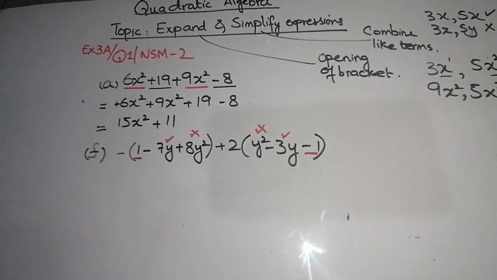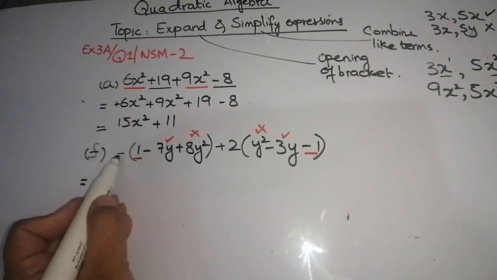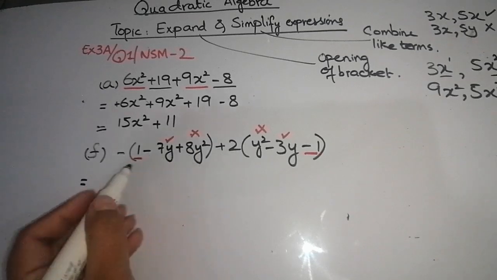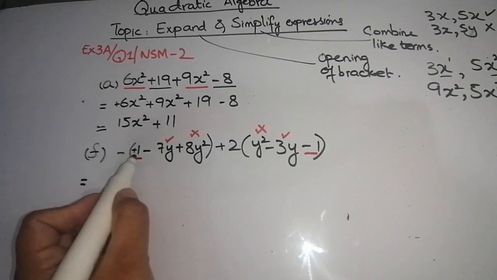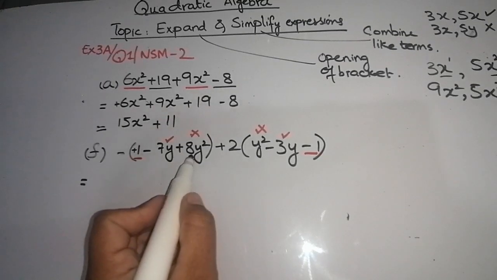So in total we will have 6 terms after expanding, obviously, because there are two brackets as well. The first step is expanding, then we will get the 6 terms and we will combine them together. There is a minus sign outside this bracket, so all the signs inside will be flipped. You can see there are 3 signs: one is this plus 1, minus 7y, and third one is plus 8y square.